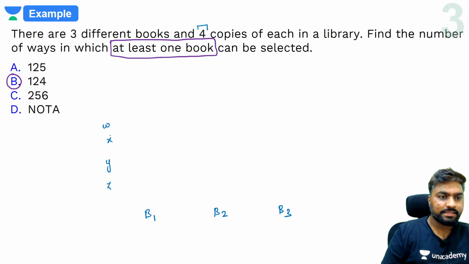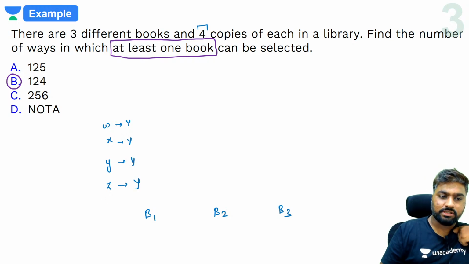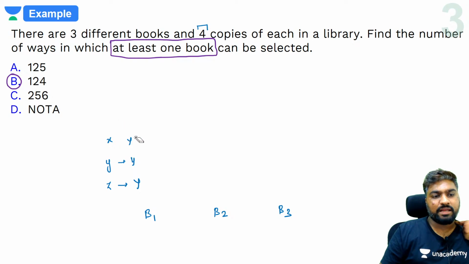There are 4 copies, W, X, Y, Z. You can say yes to W, yes to X, yes to Y, yes to Z, or you can say no to everybody. Correct? So how many possibilities here? 5 possibilities.